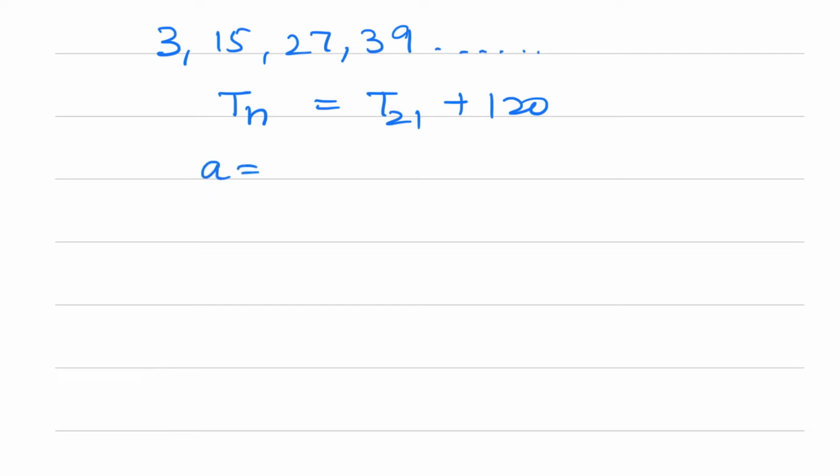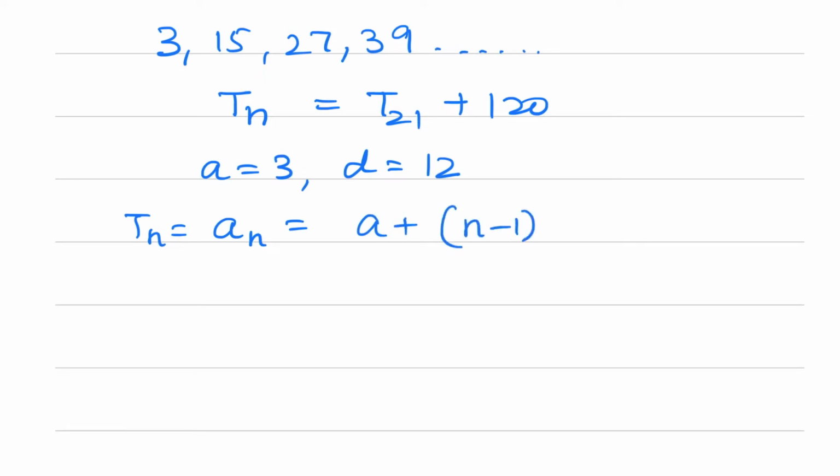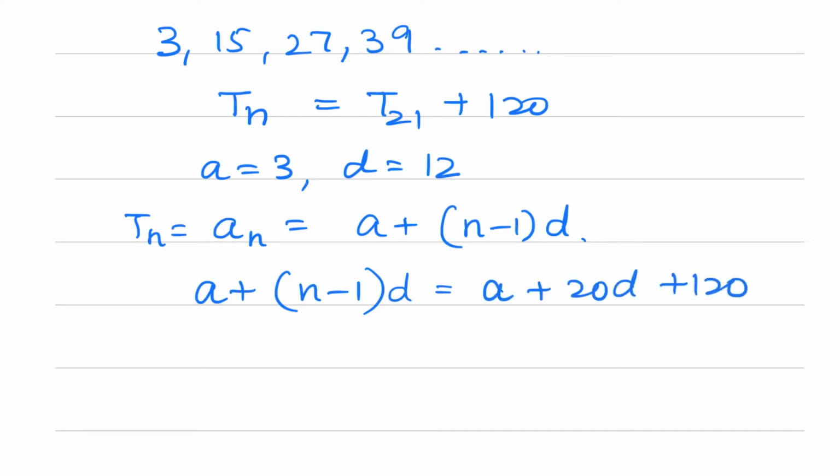Here we know a is equal to 3 and d is equal to 12. Now an or tn is equal to a plus n minus 1 into d.